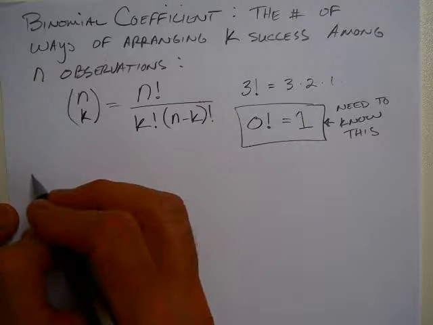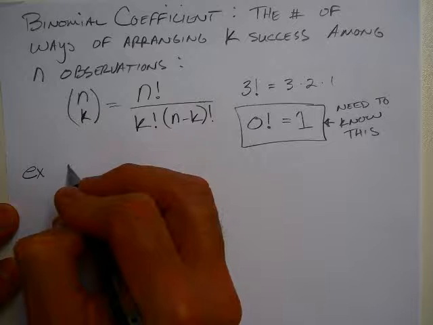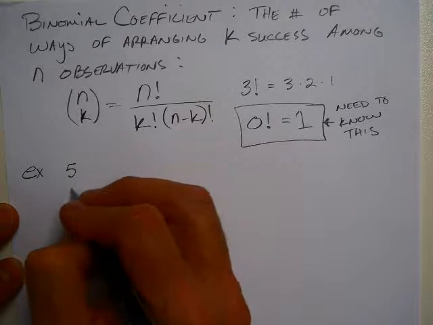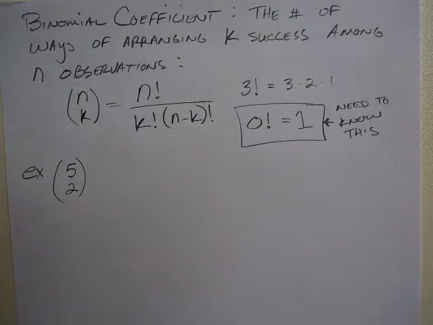So let's look at an example. Let's say I had 5 observations and 2 successes. I'm looking for the probability of 2 successes.